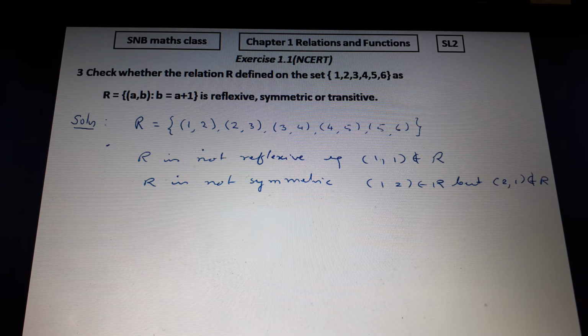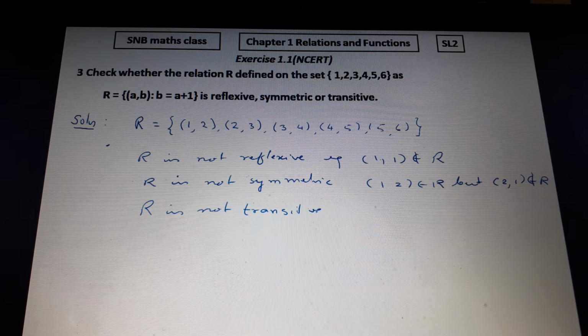Then whether it is transitive, we have to select two pairs, (2, 3) for example, and (3, 4). So (2, 3) is there, (3, 4) is there, but (2, 4) is not there. So definitely R is not transitive also.